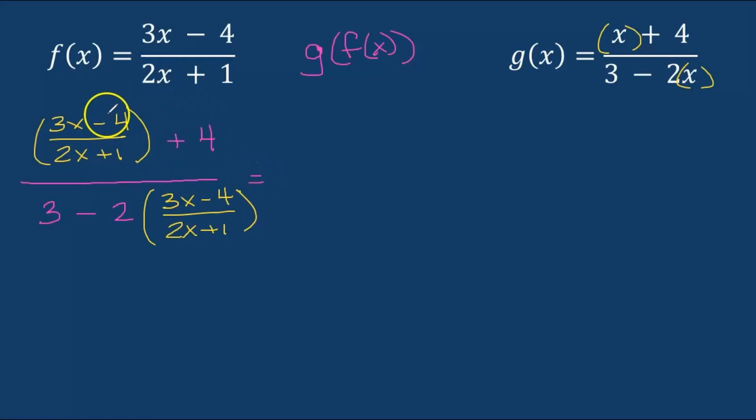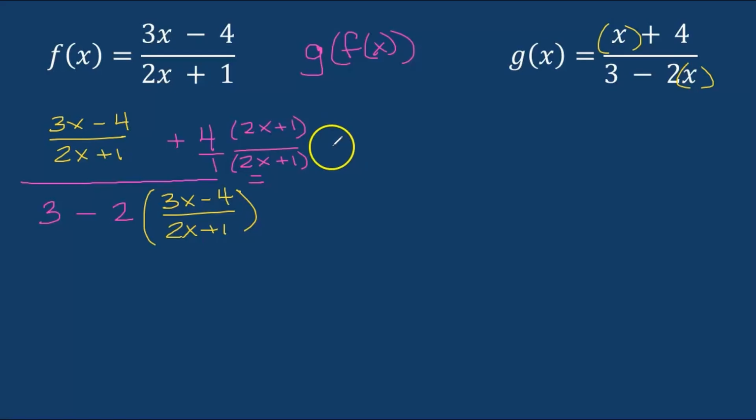So in the numerator, I'm going to go ahead and save myself a little bit of time. I don't have anything distributing here, so I can simply get rid of these parentheses. I can then also turn this to a fraction and multiply the top and bottom by 2x plus 1 to find a common denominator.